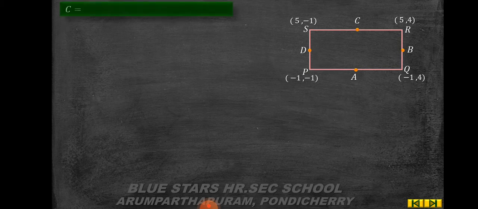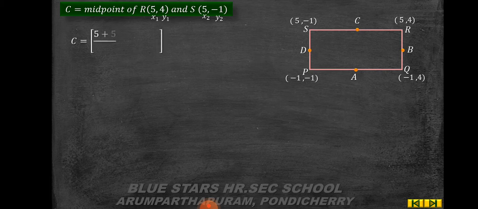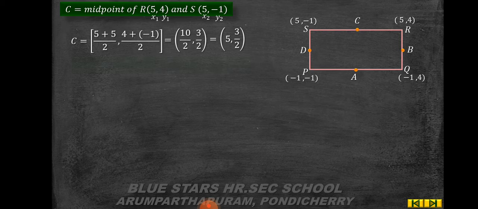Next C is equal to midpoint of R of 5 comma 4 and S of 5 comma minus 1. So substitute those values in the formula. C is equal to 5 plus 5 by 2 comma 4 plus of minus 1 divided by 2, which is equal to 10 by 2 comma 4 minus 1 is 3 by 2, which is equal to 5 comma 3 by 2.